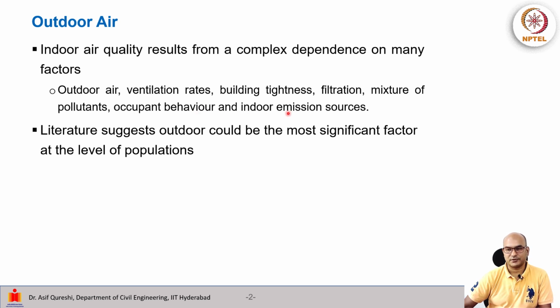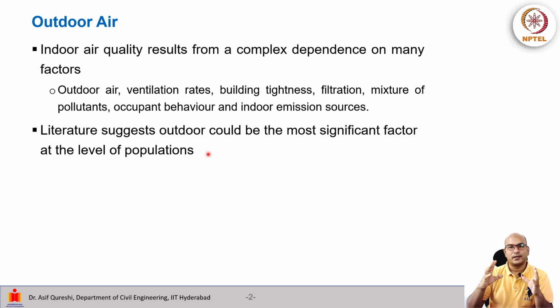indoor emission sources themselves. So literature has more or less suggested that outdoor transport, or transport of outdoor air, can be a very important factor influencing the indoor air quality.